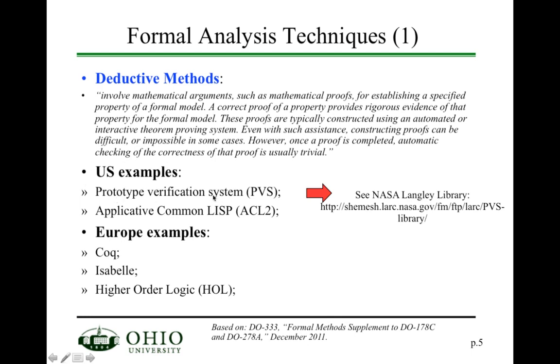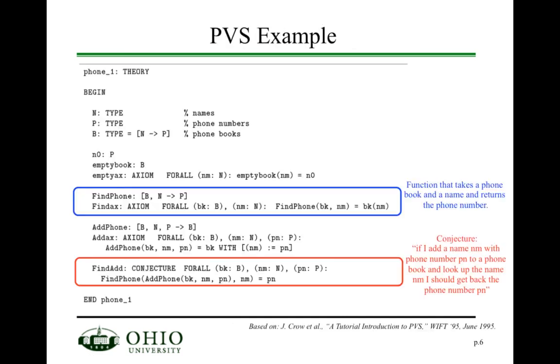If you look at a couple of examples here in the US, you have, for example, PVS, which is the Prototype Verification System that was developed by and for NASA Langley. I definitely recommend you go to their library to find out more information about this. You have ACL2, and some European ones like Coq, Isabelle, and HOL, higher order logic. An example of one of these, a small PVS example that I took from a PVS tutorial, is given over here.